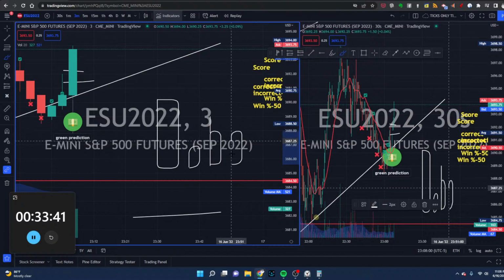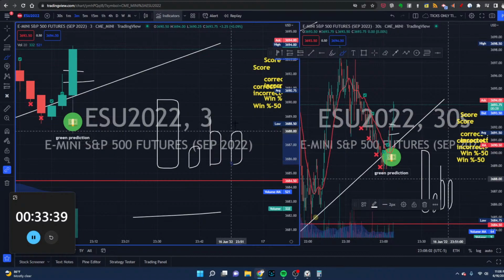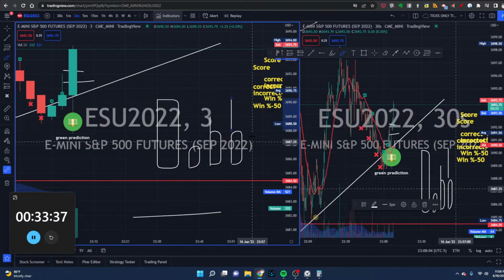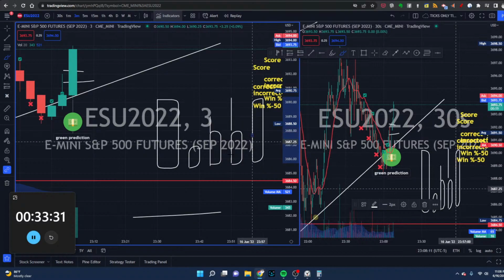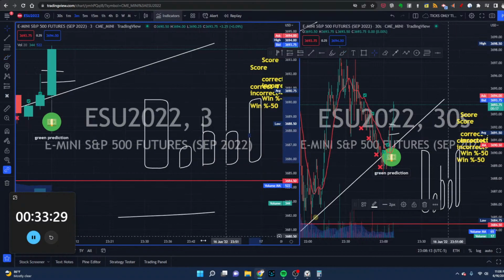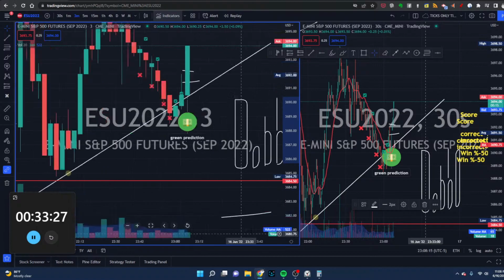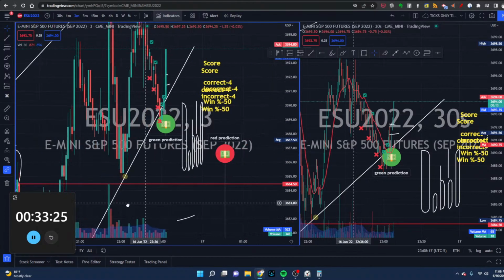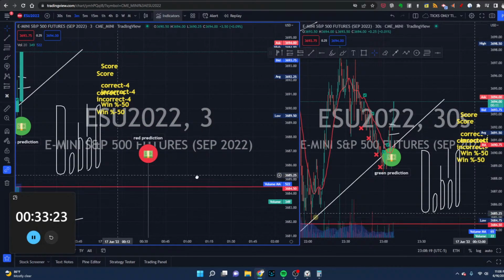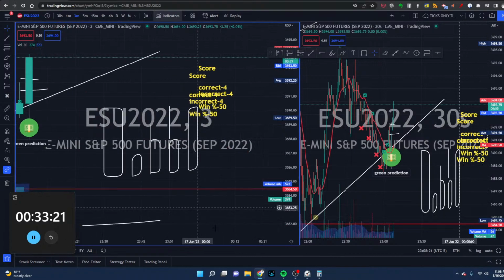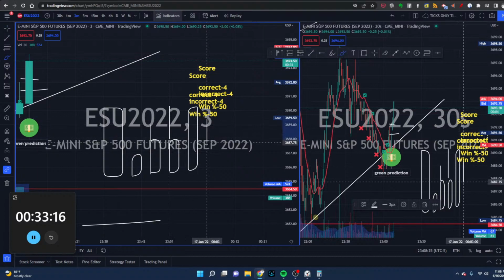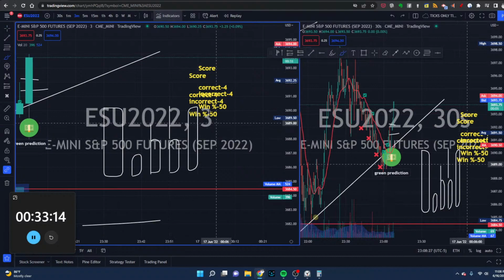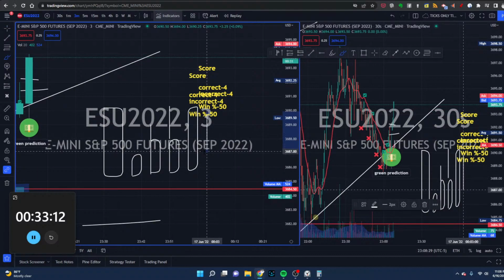And then it looked like this. And then it looked like this. And then it looked like this.